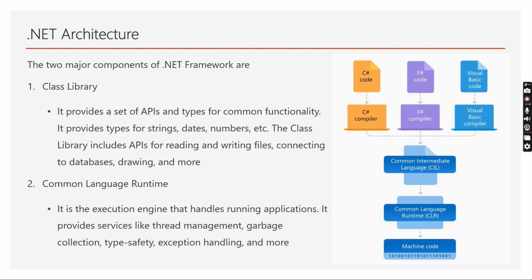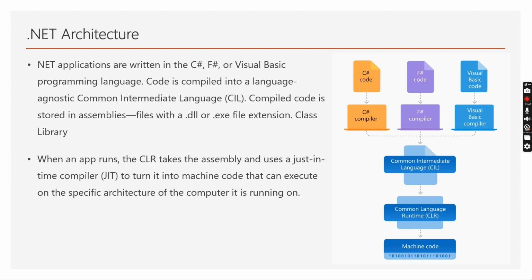Let's move to the next slide and get into more details. In the .NET framework, we can use any language, either C# code, F# code, or Visual Basic code. We have a long list of supported languages.